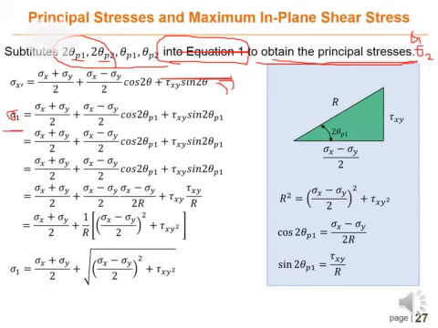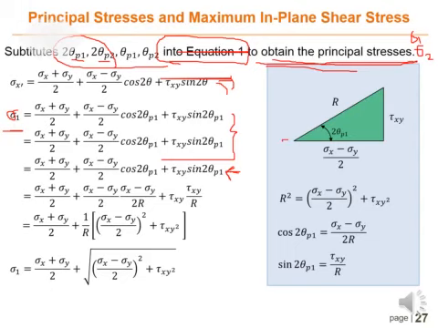Okay, so sigma 1, and then you will get the equation like this. You can rearrange this one and you will get it like this. To simplify this, you can see in this figure we have this triangle shape.